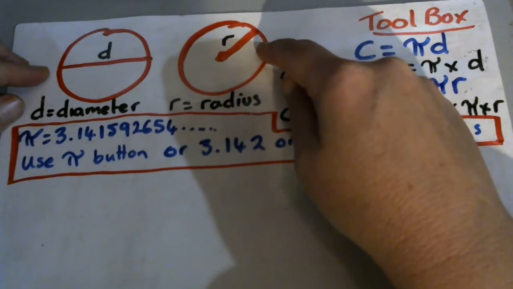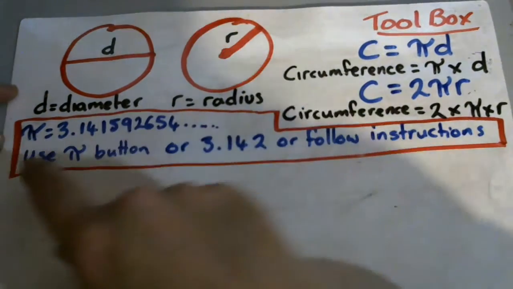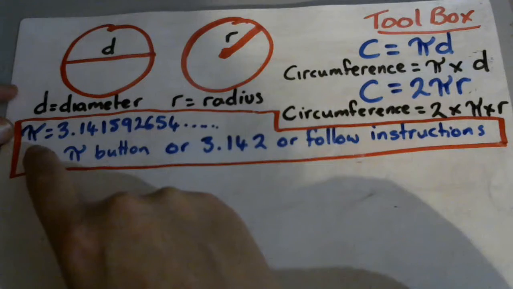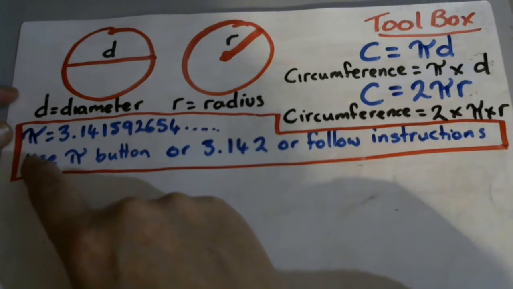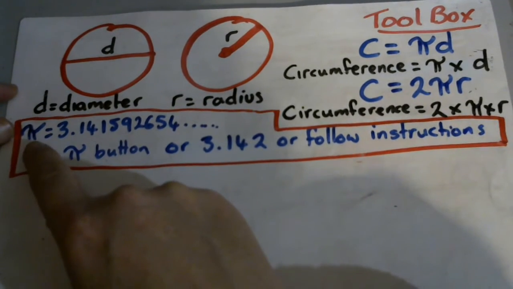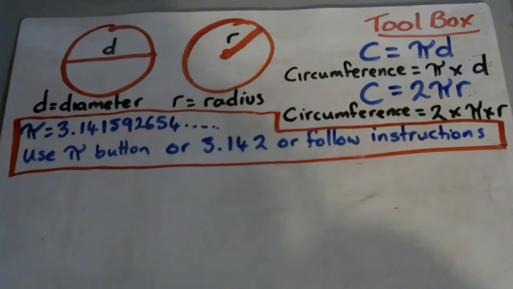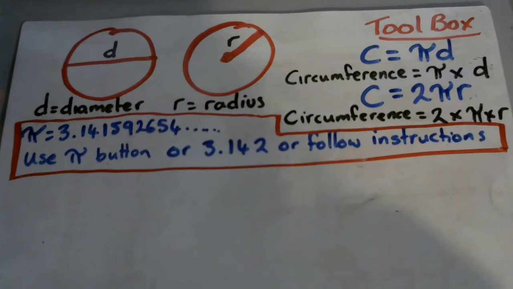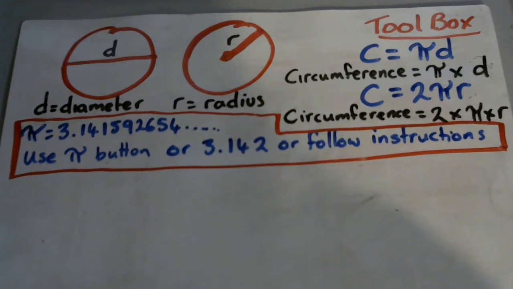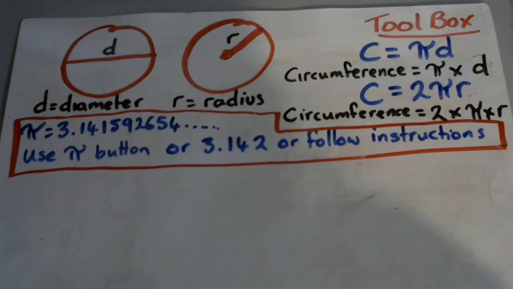The other thing you need to be aware of is this symbol here, which is known as pi, spelled P-I. It's a symbol that represents a value that was discovered many thousands of years ago. It's a Greek symbol.